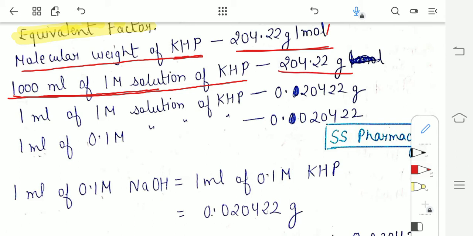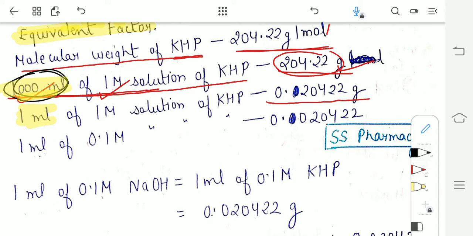Please focus on the calculations we are going to do. For 1000 ml of 1 M solution, the amount of potassium hydrogen phthalate is 204.22 grams.